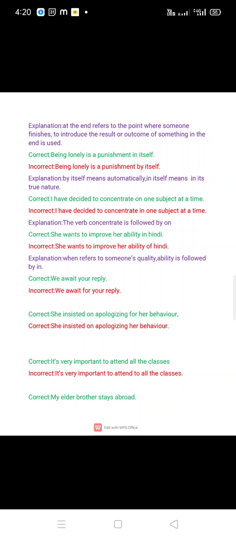Okay. And in itself means in its true nature. So, here what we want to refer here, being lonely is a punishment in itself, that means being lonely is a punishment in its true nature. So, here in itself should be used, not by itself. By itself means automatically.